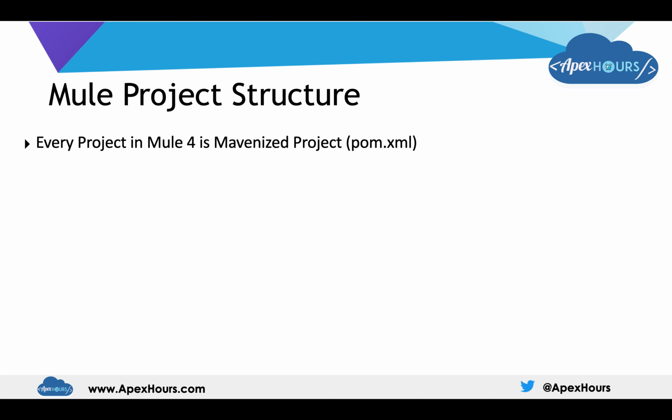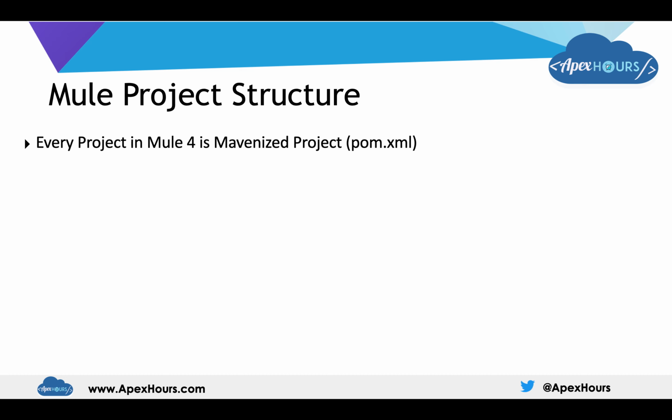Pom.xml is a file where you can mention all your project related information, and also the dependencies. This is quite technical for initial learners, but if you want to download something, you can mention it in pom.xml. Most of the work will be done by MuleSoft itself.